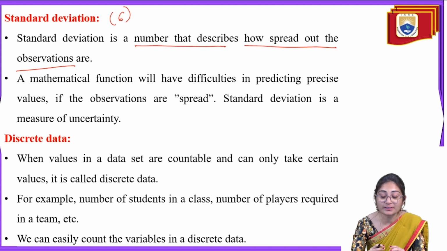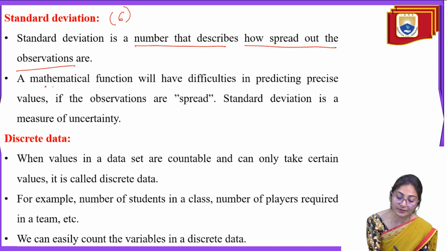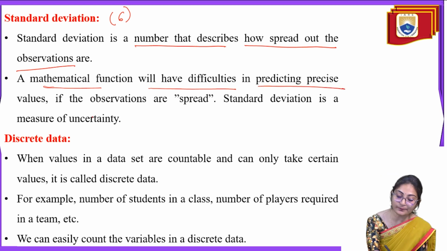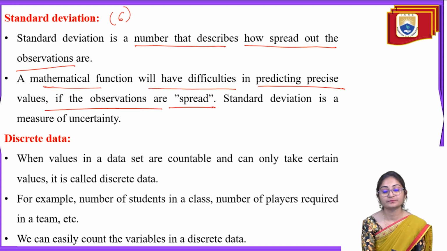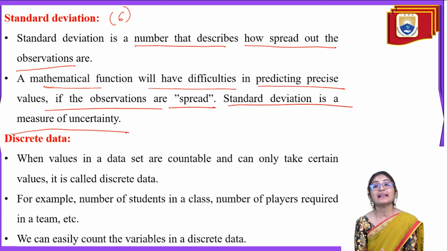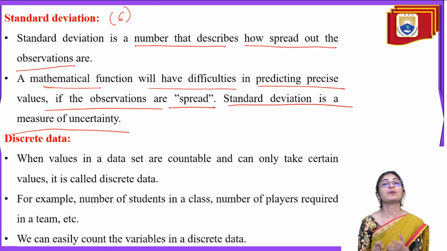The mathematical function will have difficulties in predicting precise values if the observations are spread out. The standard deviation is a measure of uncertainty, which means your standard deviation value can change.